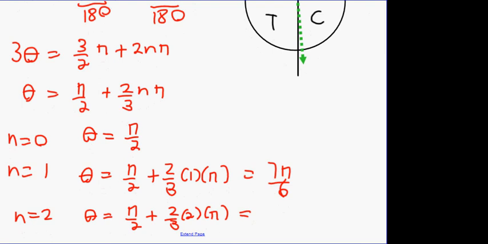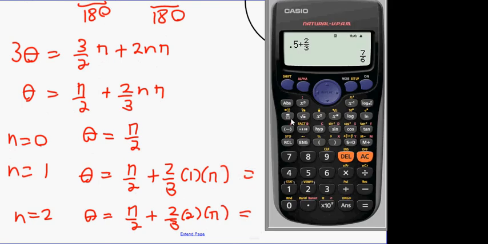So you could say, it's going to be pi over 2 plus 2 over 3 times 2 times pi, close bracket, and we get 11 pi over 6. Is 11 pi over 6 less than 2 pi? Yeah. It is, because 2 pi is 12 over 6, so it doesn't go until it's 11 pi over 6.